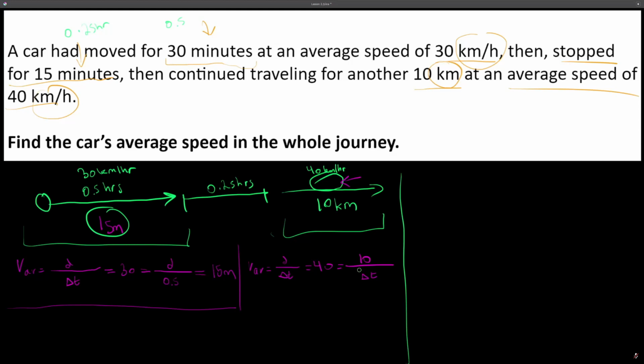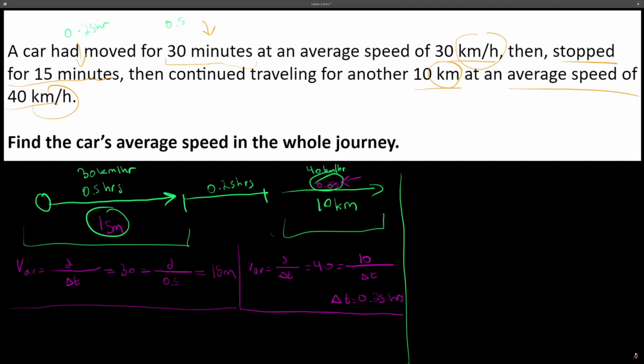We can just shift solve here again, and we get 0.25 hours. So delta t here is equal to 0.25 hours.